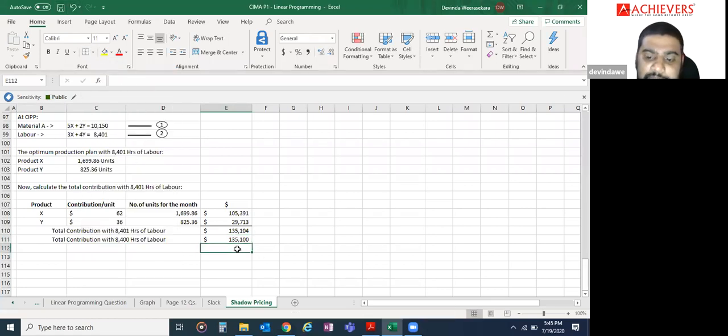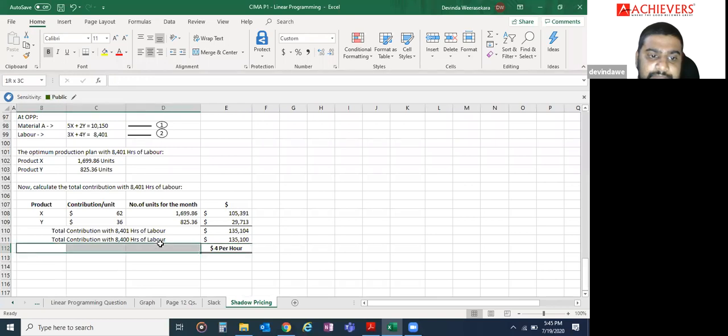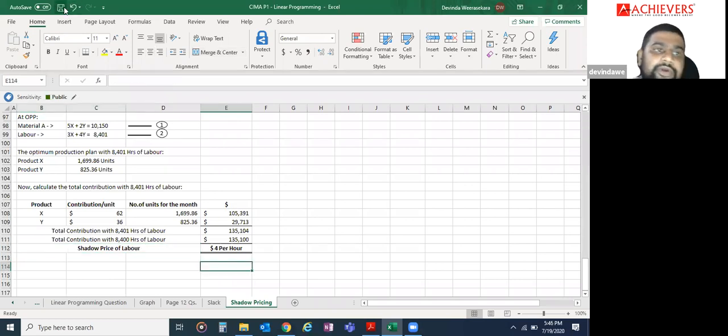So now the shadow price will be $4 per hour. $4 per hour. Clear, guys?